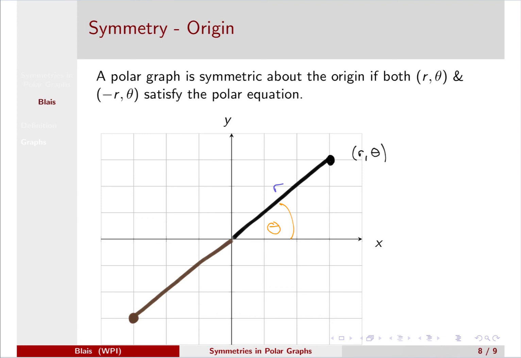And so we have minus r, theta. So if both the point r theta and the point minus r theta satisfy your polar equation, you have symmetry through the origin. So any point on the graph gets reflected through the origin.